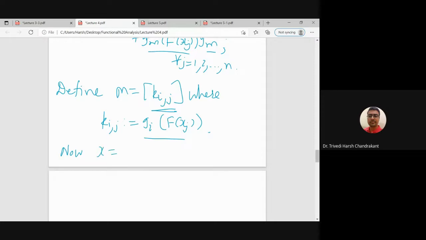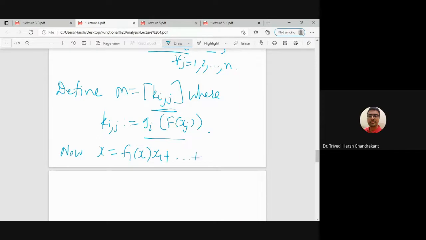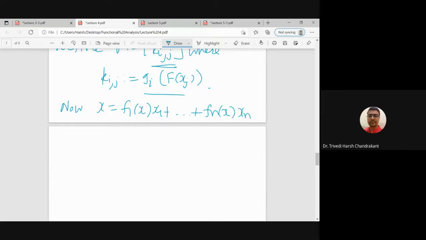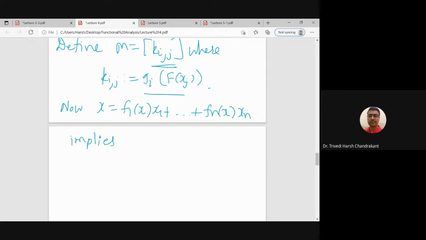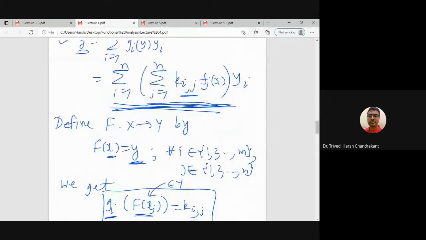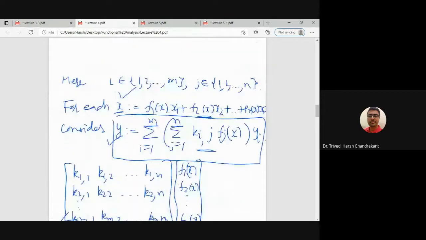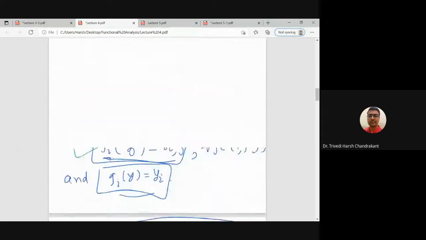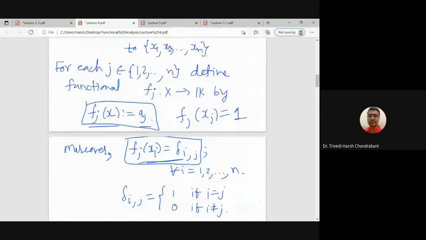Now x is equal to the first coordinate times x1 plus ... plus the nth coordinate times xn. If we have x equal to this, we can apply the linear transformation on it. So we get f(x) equal to f1(x), which is a number, because small f1 is a functional.